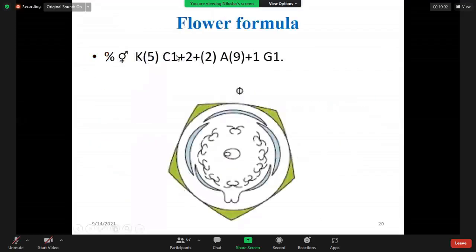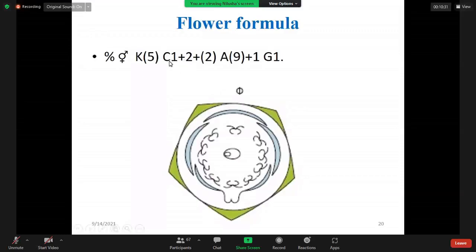Here you can see one for the posterior standard petal, another 2 for the 2 lateral wing petals, and another 2 for the keel petals, because the keel petals are enclosing the stamen and the pistil.